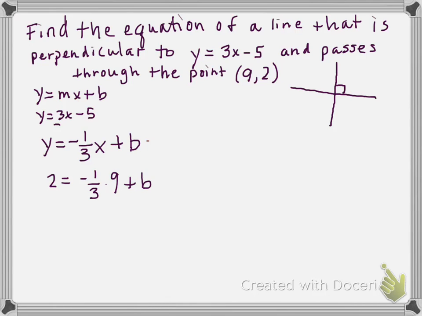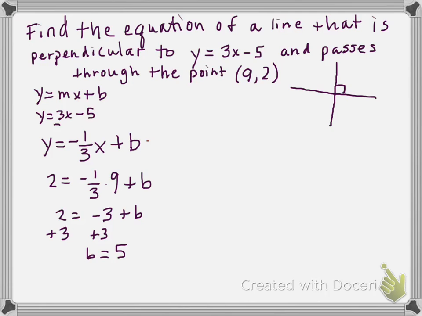Now the only variable we have left is b, so we can solve for b and find the y-intercept. So 2 equals negative 1/3 times 9, which is negative 3, plus b. Now we can add 3 to both sides to solve for b, and we find that b equals 5.